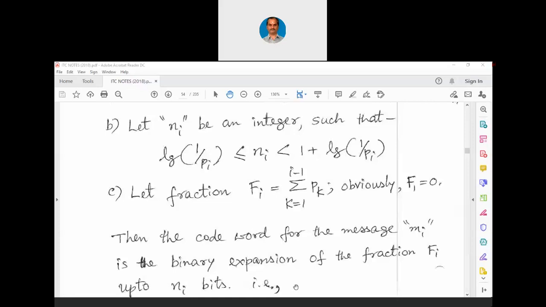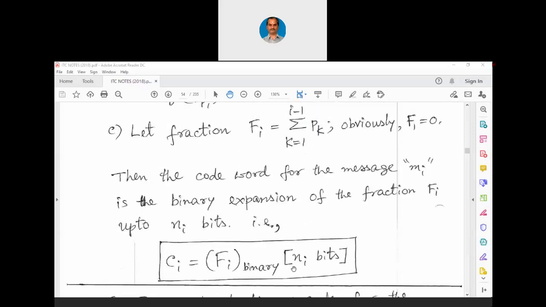That code word will be assigned for the given message. So the code word for the message mi is the binary expansion of the fraction fi up to ni bits. That is why a fraction is defined here. So ci is fi in binary, totally ni bits. This is how Shannon's algorithm is defined.